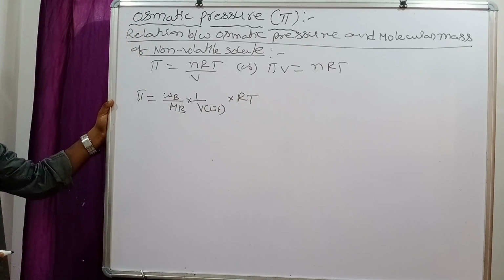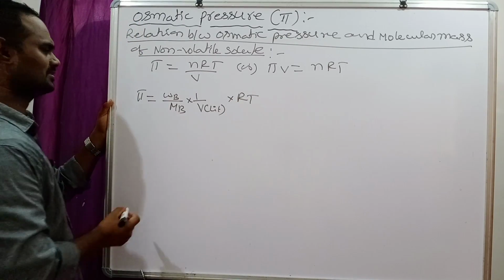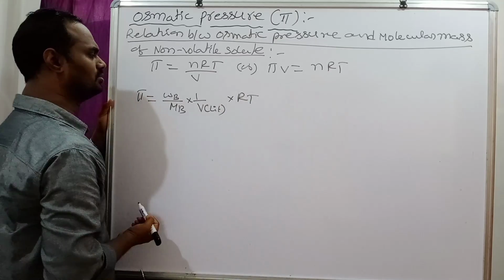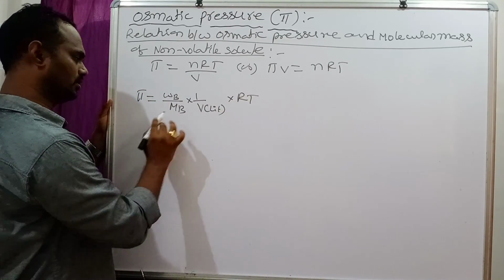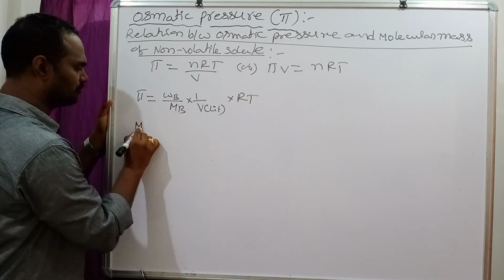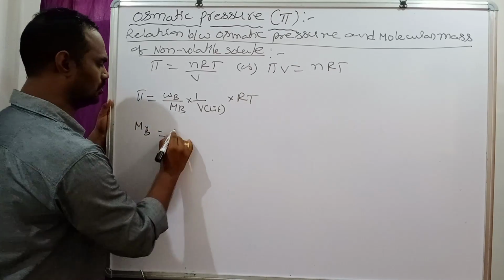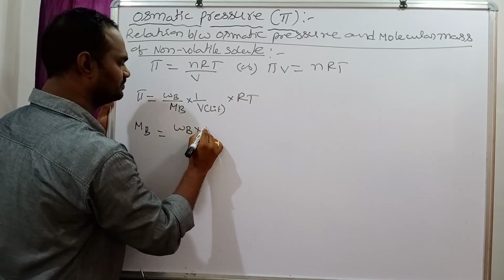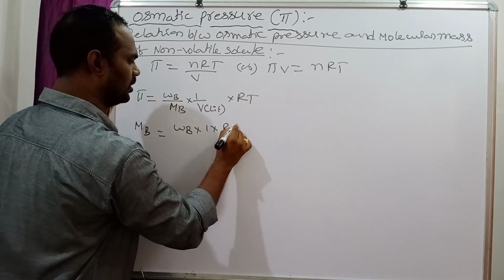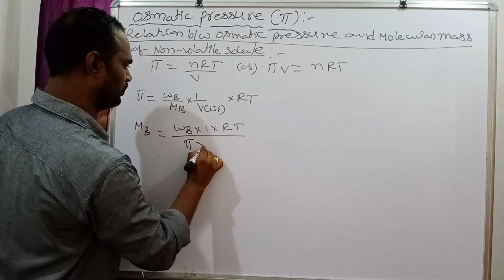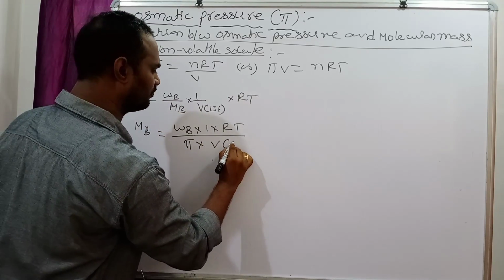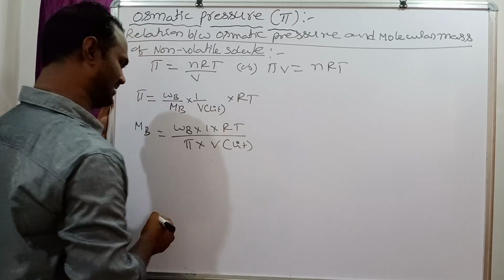This is the formula where instead of number of moles of solute, I wrote mass of solute by molar mass of solute. If we separate the molar mass of solute, M B is equal to W B into RT by pi into volume of solution in liter.